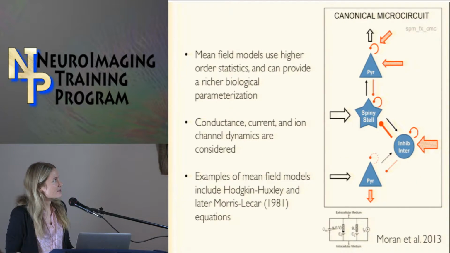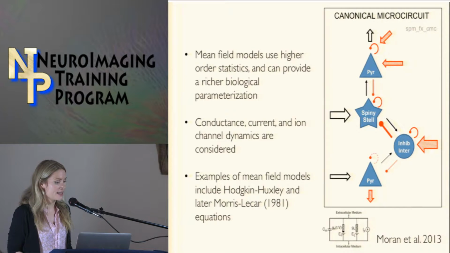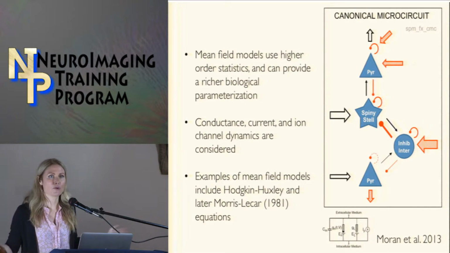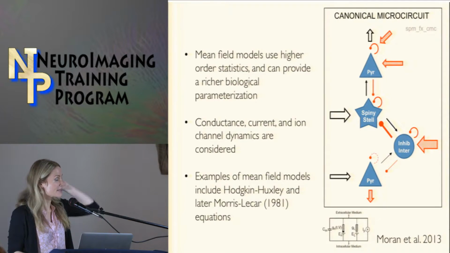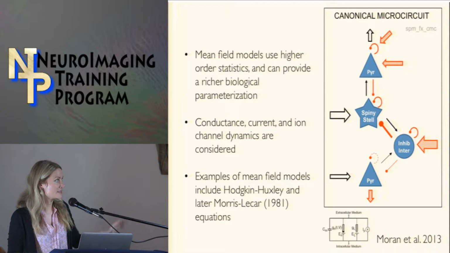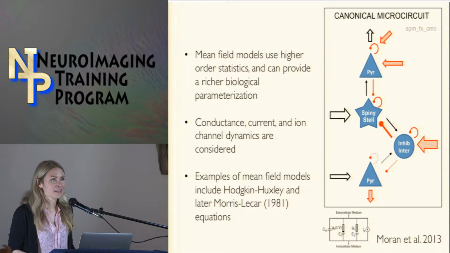The canonical microcircuit model is an extension to this, and it looks at higher order statistics, and it can provide, of course, a richer description of biology through additional parameters. Of course this comes at the expense of having to estimate more parameters, but you do also get a richer description of what's happening. In this case, conductance, time-varying currents, and ion channel dynamics are considered in creating these models.